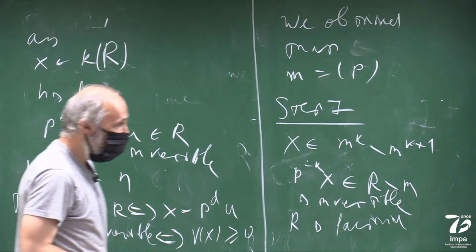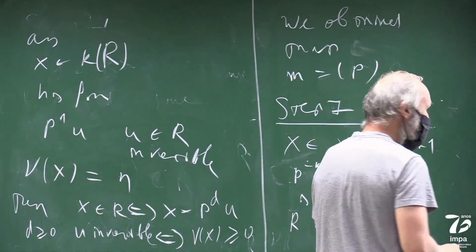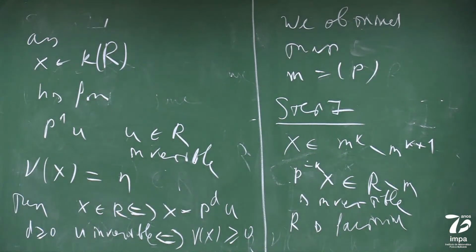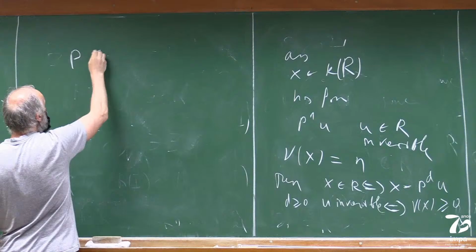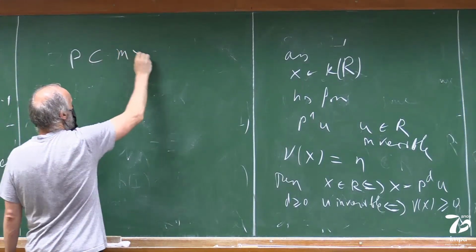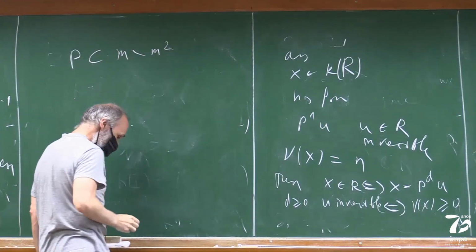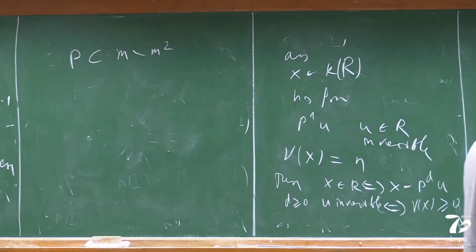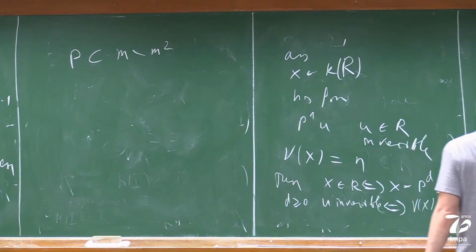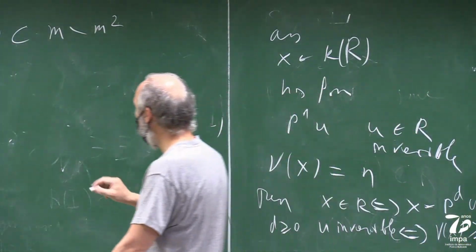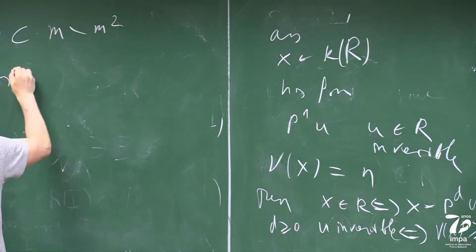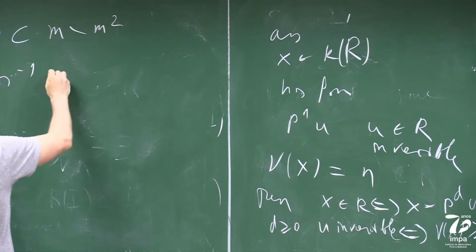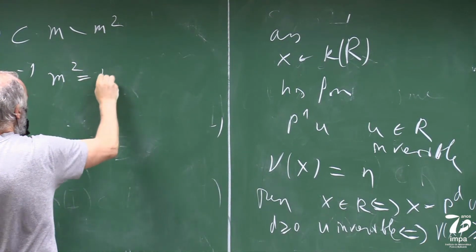So you have p outside, you choose fixed p inside m without m squared. Now you have m^(-1) m squared is equal to m.